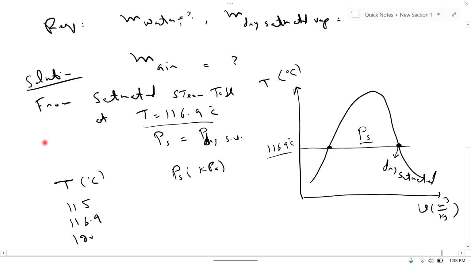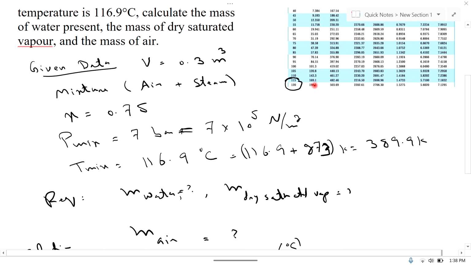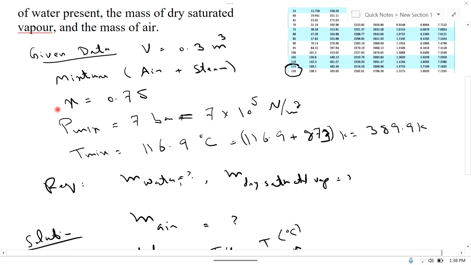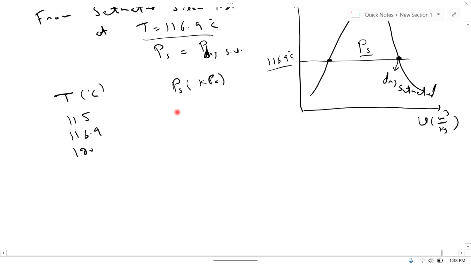Pressure in kilopascal: in front of 115 is 169.1 and in front of 120 is 198.5, and we have to find the saturation pressure at 116.9.